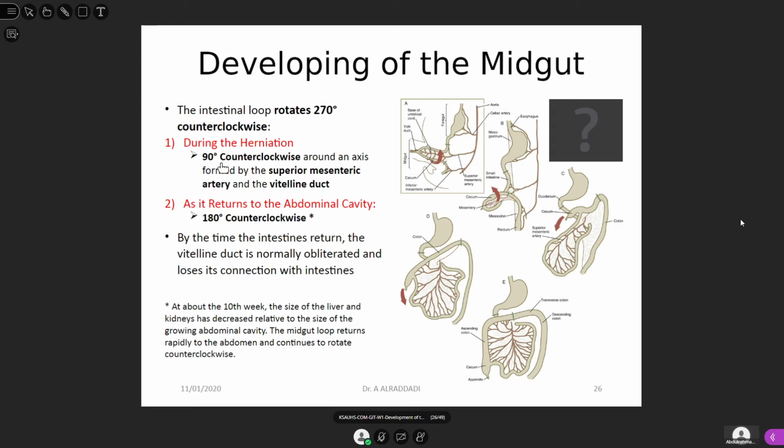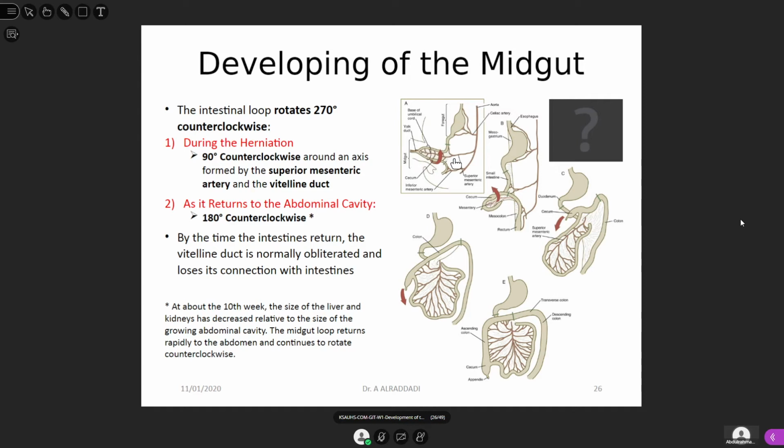During herniation, it will rotate 90 degrees counterclockwise around an axis formed by the superior mesenteric artery and vitelline duct. And then it will return.